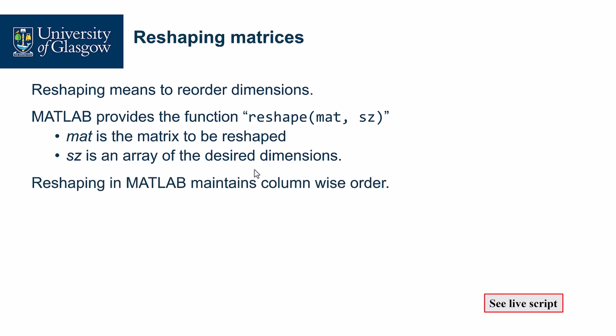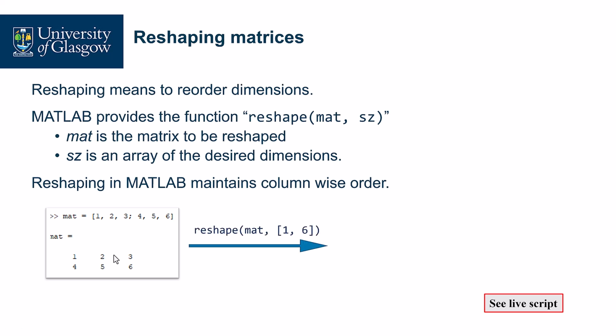So let's see an example. This is a matrix 1, 2, 3, 4, 5, 6. Now I use reshape, mat, comma, square bracket, 1, 6. So what will appear?